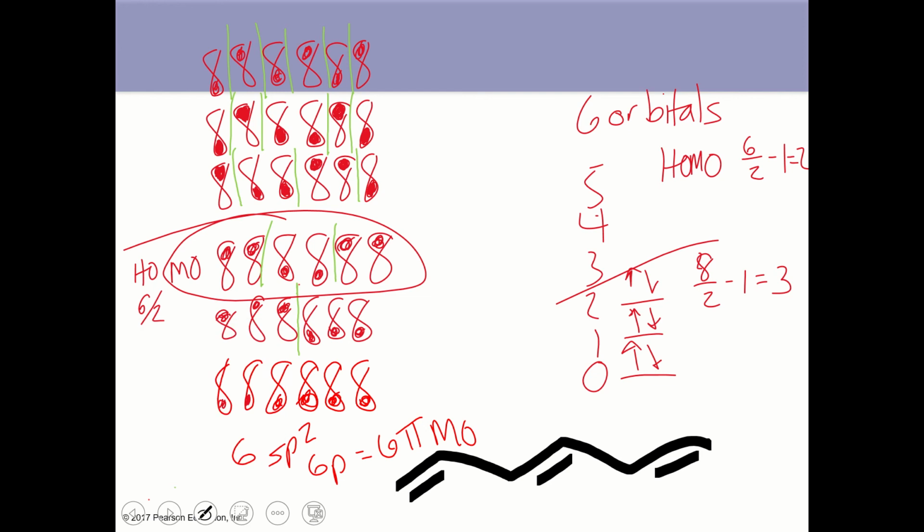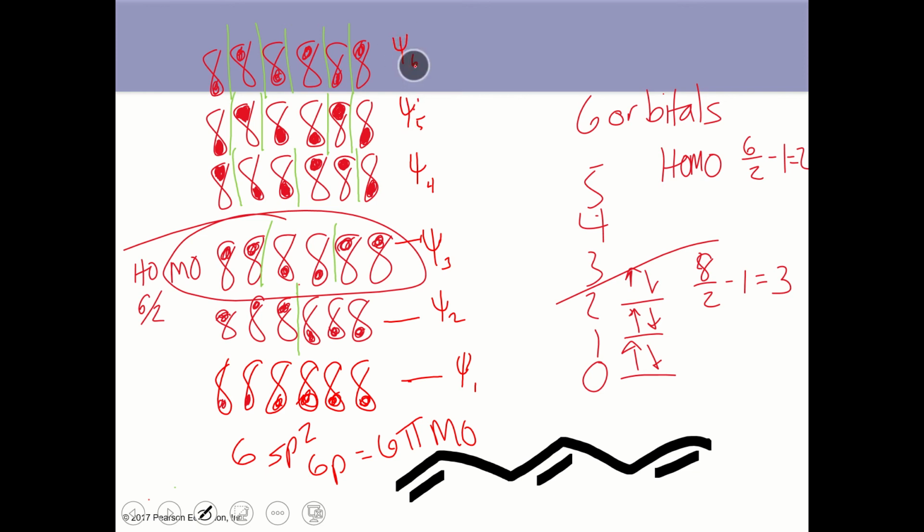Filling in our electrons for each phase, we can label each one Psi1, Psi2, Psi3, Psi4, Psi5, and Psi6.